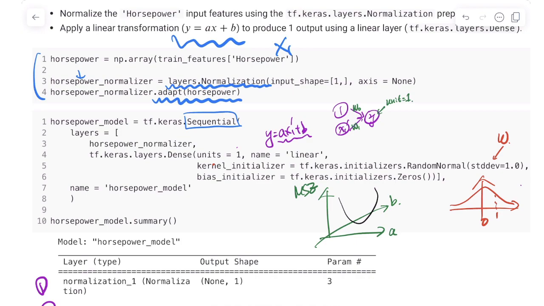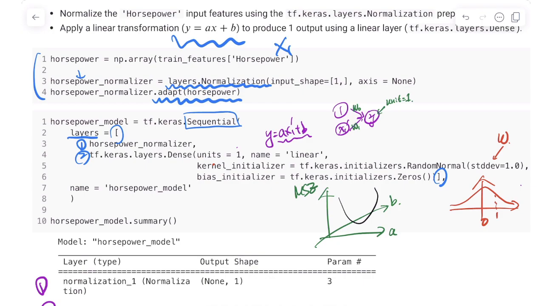The most important parameter in the sequential function is layers. Layers is a list of layers. Basically you can see that it is a list, right? So we have two different elements, and each element is a layer we want to create.